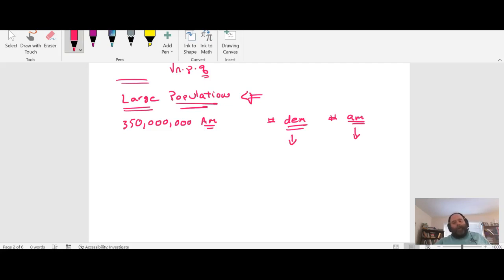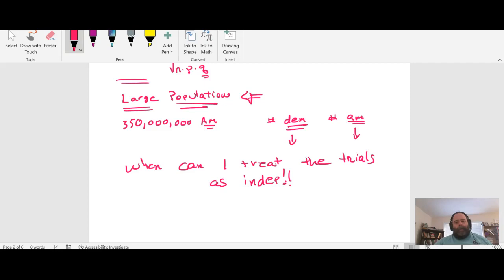So the question is, when can I treat the trials as independent? When do I assume that, though I don't technically have it, I can pretend like I'm in the binomial setting? And the answer here is a thing called the 10% rule.